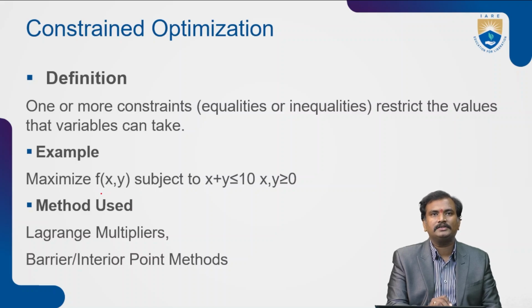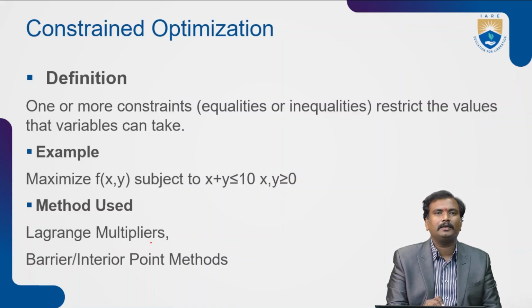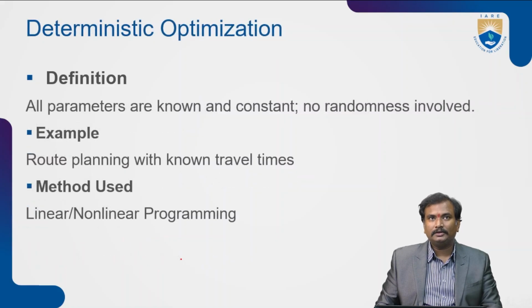The example is maximize f of x, y, subject to x plus y less than or equal to 10, and x, y greater than or equal to 0. The methods used are Lagrange multipliers and barrier or interior point methods.